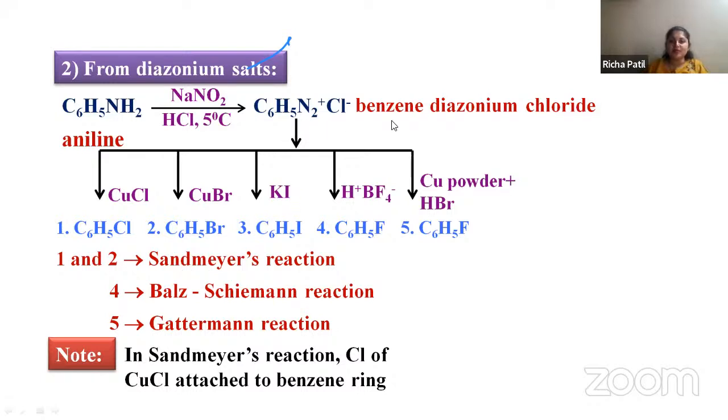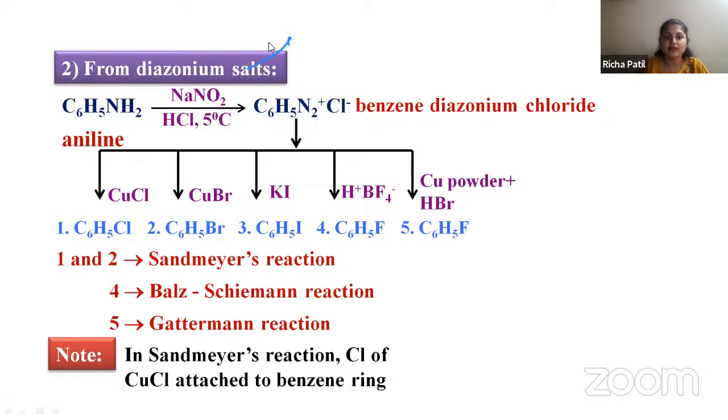Then, if you treat this benzene diazonium chloride with KI, potassium iodide, you get the iodo product, C6H5I. So this is also a substituted product of iodine.